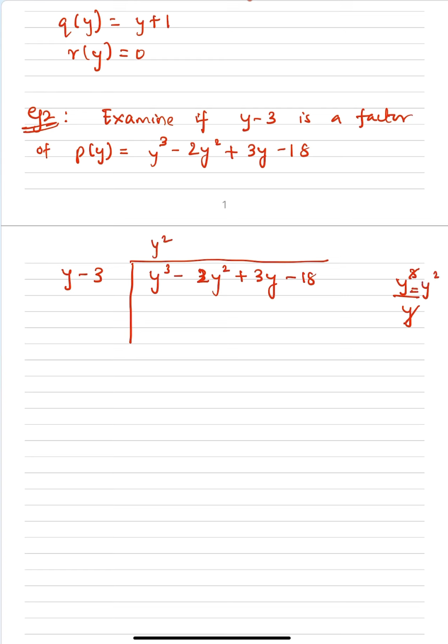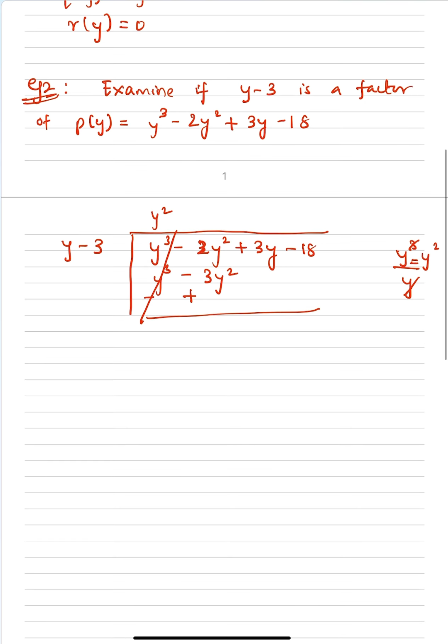Let us multiply y square with y minus 3, which is y cube minus 3y square. Changing the signs, this will go, and this is plus 3y square minus 2y square, which is nothing but y square. Let us take down these terms, plus 3y minus 18.